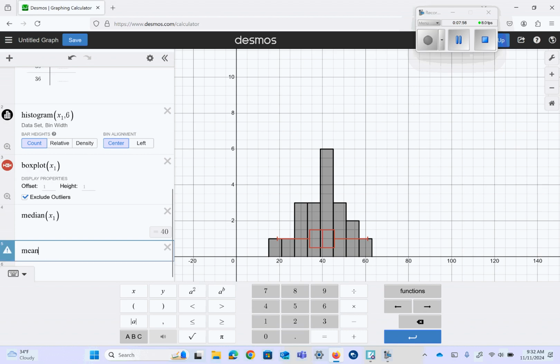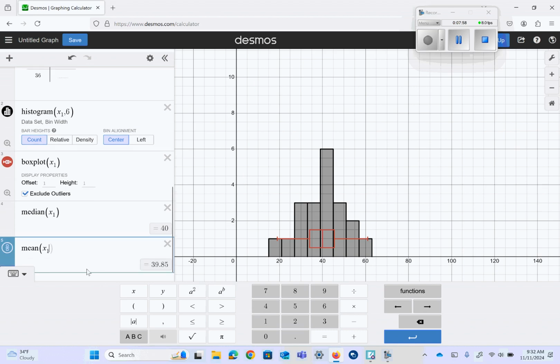So this is pretty close. Right there it tells us that for that particular one, our median is 40, our mean is 39.85. Those are pretty darn close. So when Jeremy says all we need is the mean and median, they could also be the same, but you could have some outliers that are kind of balancing things out. So you need a little bit more than the mean and median.